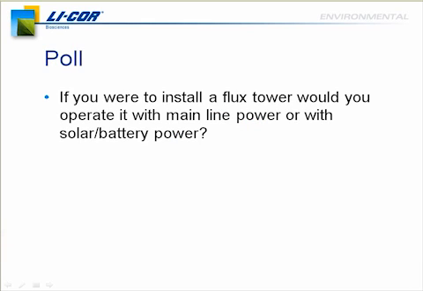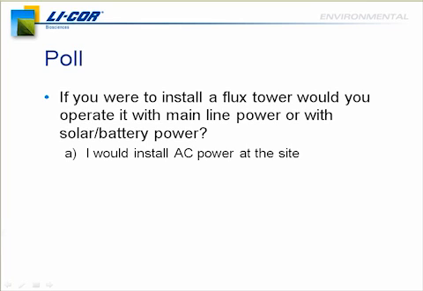Okay, here's our last poll question for the day, and now we're going to ask you a little bit more about the infrastructure that you require at the field sites that you've got. When you're getting ready to instrument a new tower in a new location, we'd like to know what kind of constraints you have to consider when you're getting that tower set up. If you were to install a new flux tower somewhere, would you operate it with mainline power, or would you prefer to operate it with solar and battery power?